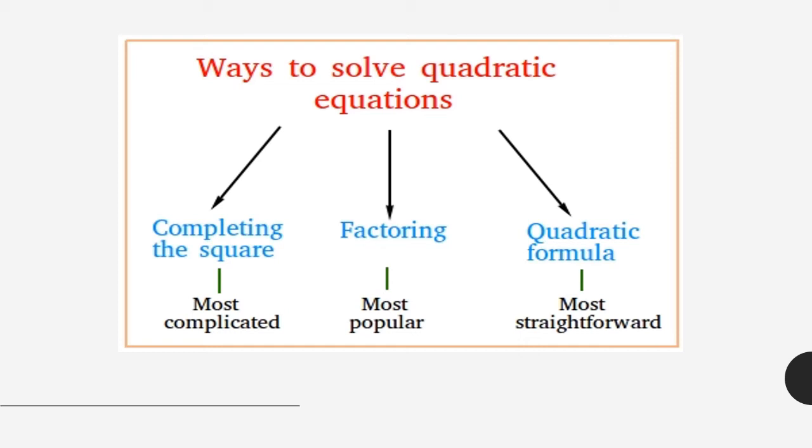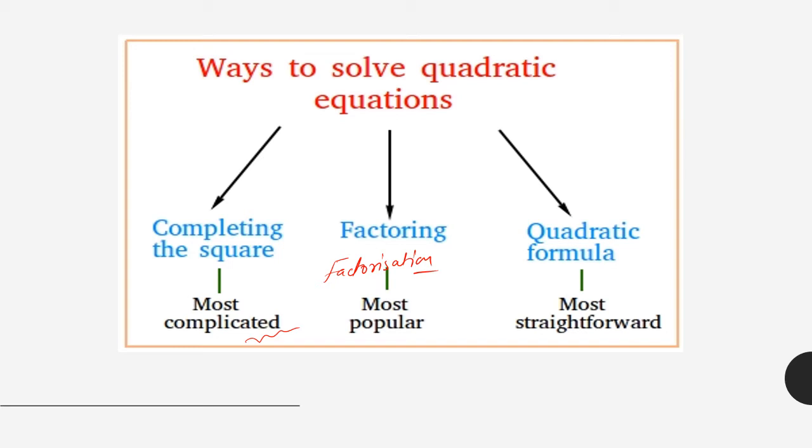Here are the methods we use to find the solution of a quadratic equation. There are three methods with us. The first method is completing the square, which is the most complicated. The second method is factoring, or factorization, which we have been using since class 8. We use middle term split and identities. That is the most common and basic method we use to factorize, and also to find the solutions of a quadratic equation.